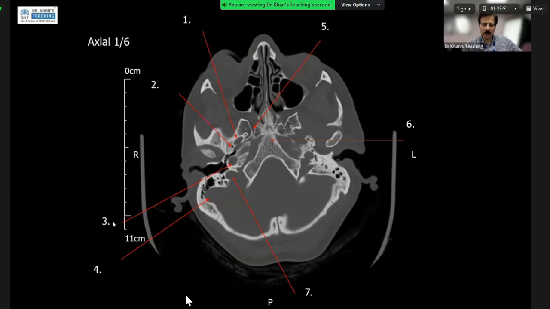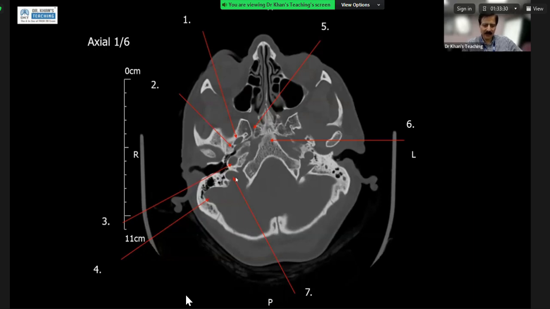Number 3, carotid. Number 4, sigmoid notch.